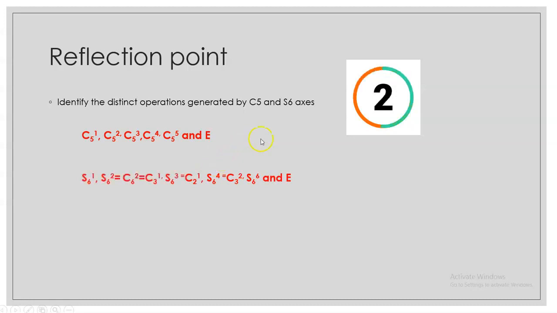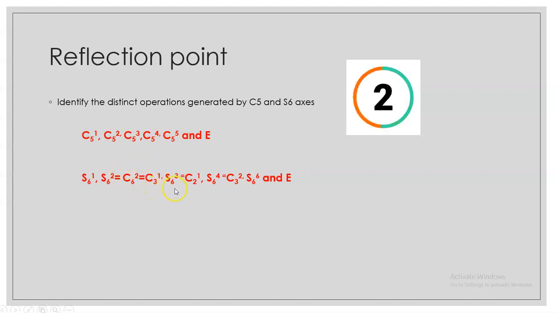Similarly, the S6 axis is able to generate S6-1, S6-2. S6-2 can be written as C6-2 into sigma squared. Sigma performed even times is E. So E into C6-2 is C6-2 again, and this can be simplified as C3-1.